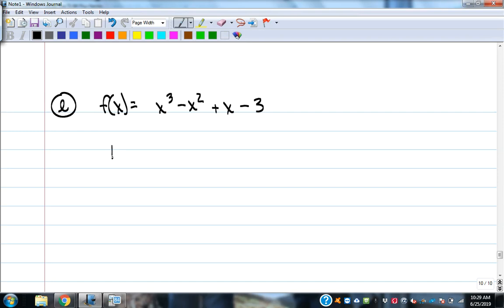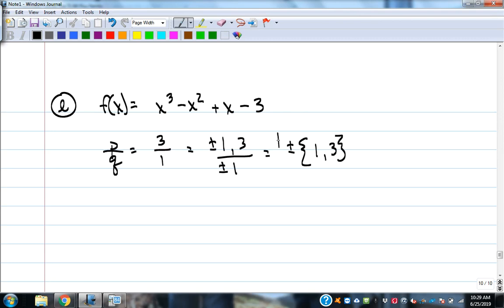So again, P over Q list. This one's a little, not much more difficult. 3 and 1, so we got plus or minus 1, and 3 and plus or minus 1. So that means our P over Q list is just the numbers 1 and 3. Positive or negative 1 and 3. So there's our P over Q list, our possible rational zeros.